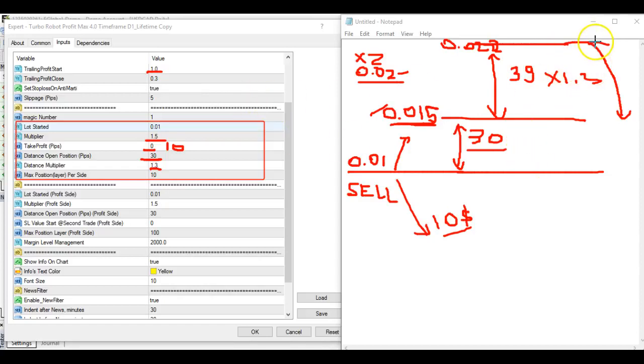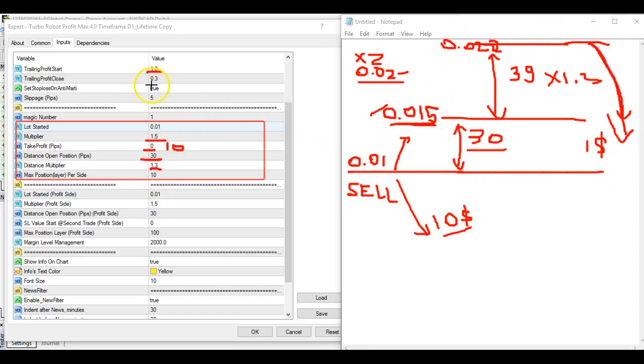So let's say the market reverses back and earns a total of $1 according to here. So I will lock the profit over all this trade.